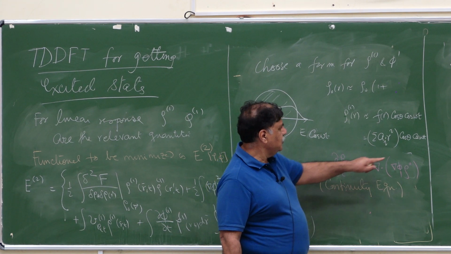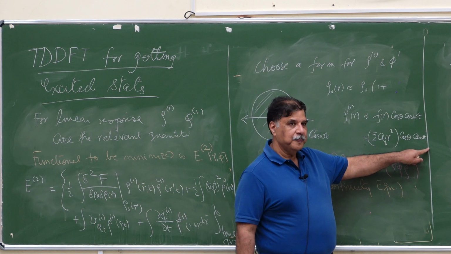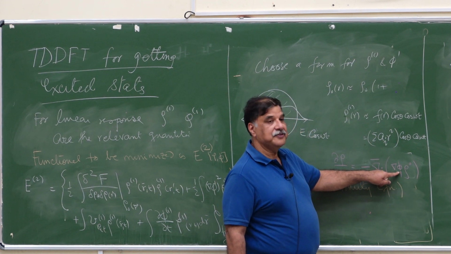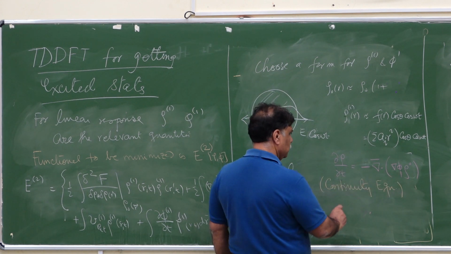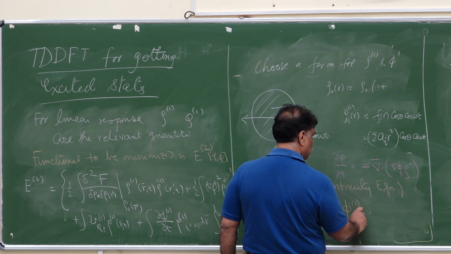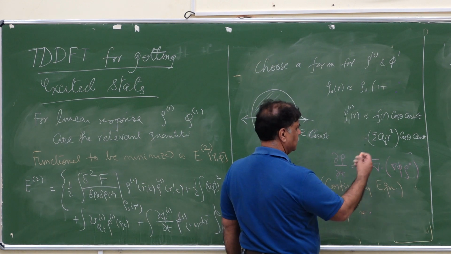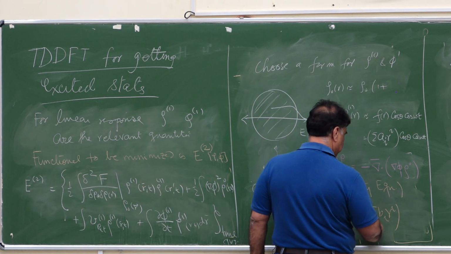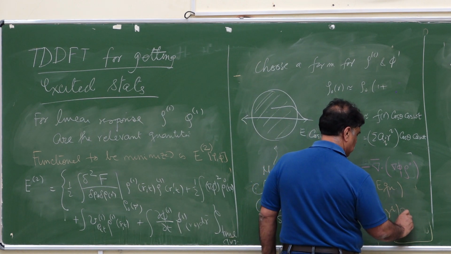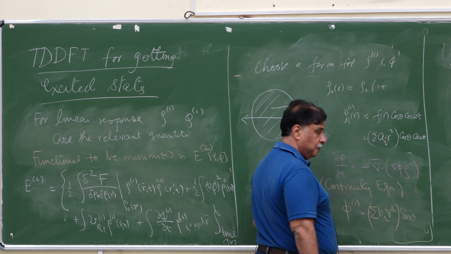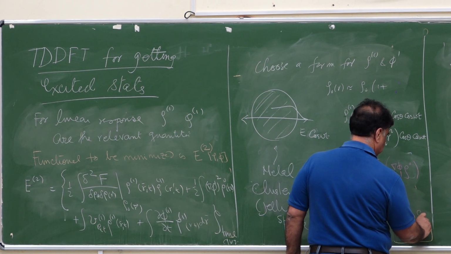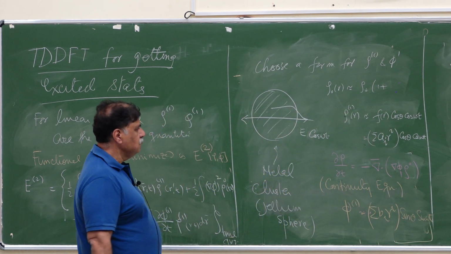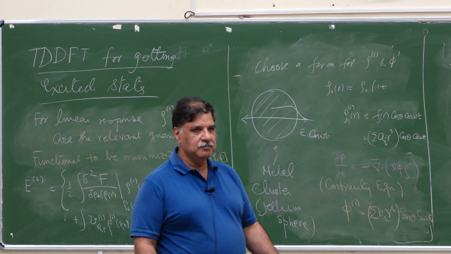So d rho dt is going to be sine omega t. And rho has cosine theta, so this should have a sine theta. So you can choose phi 1 to be of the form another function, summation B i R raised to i, sine theta and sine omega t. Plug it in, minimize with respect to A and B, you get E2.